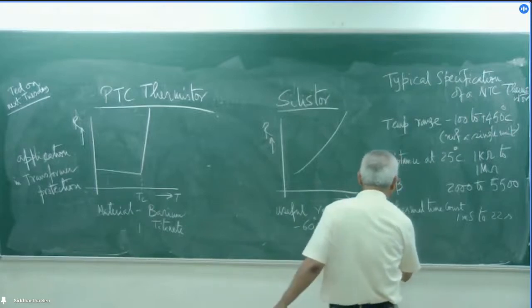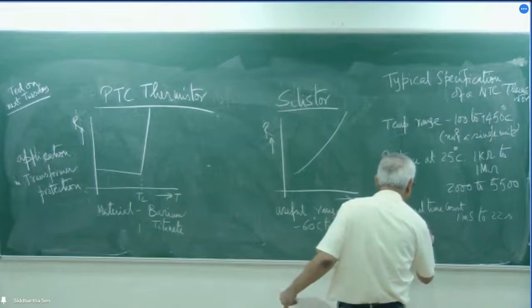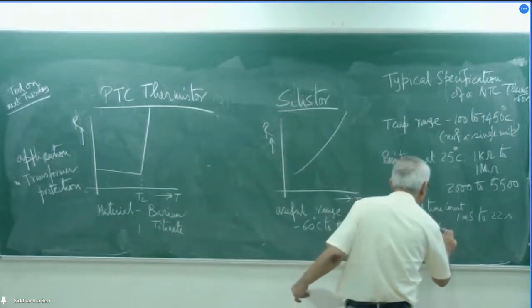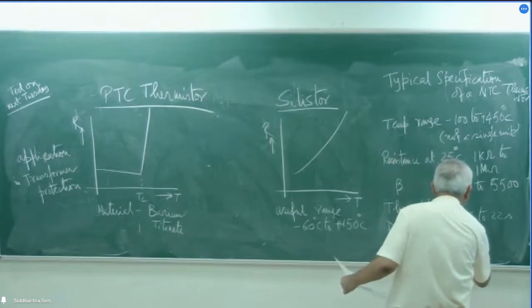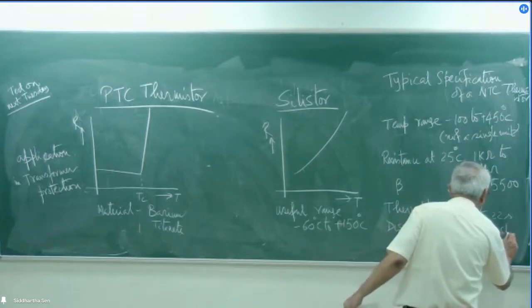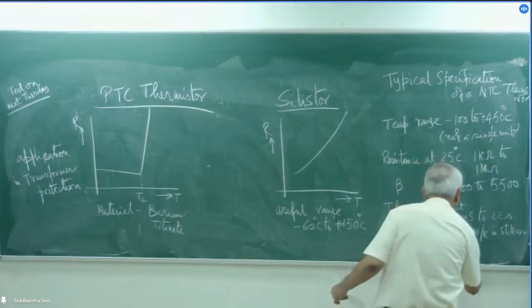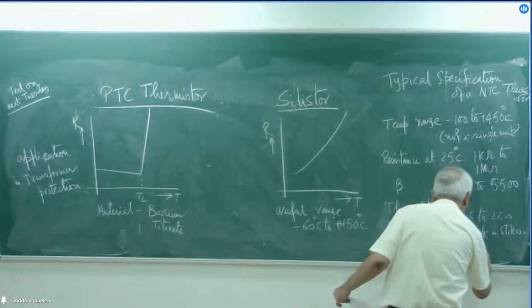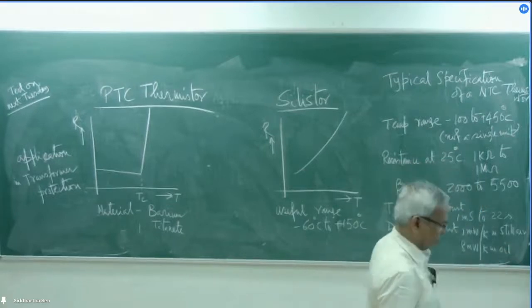And it is the dissipation factor, as I have told, the dissipation constant. It is 1 milliwatt per Kelvin in still air, and 8 milliwatt per Kelvin in oil, because it depends upon the heat transfer coefficient.